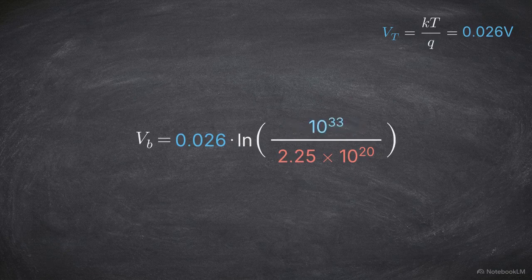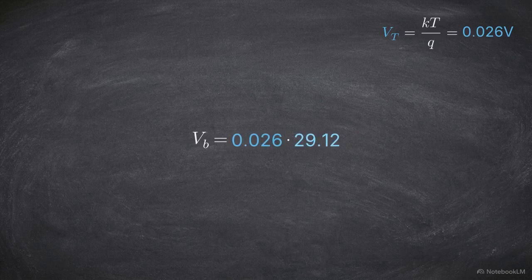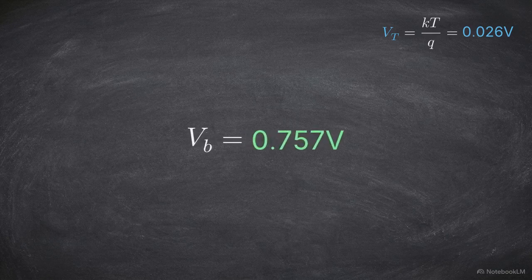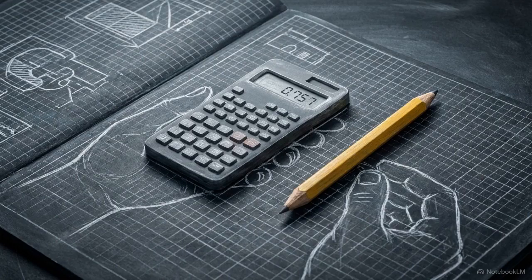After dividing the numerator by that result, apply the natural log, the ln button, rather than the standard log. The natural log of this division is 29.12. Multiplying that 29.12 by our thermal voltage of 0.026 gives us a final barrier potential of 0.757 volts. Run these numbers on your own device to ensure your inputs match this result.